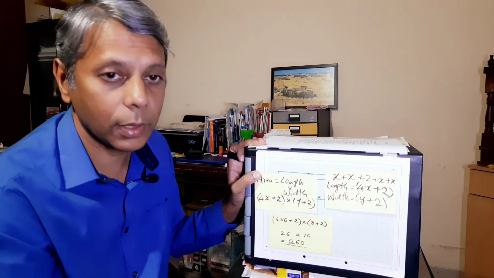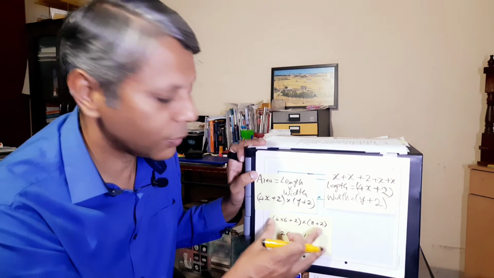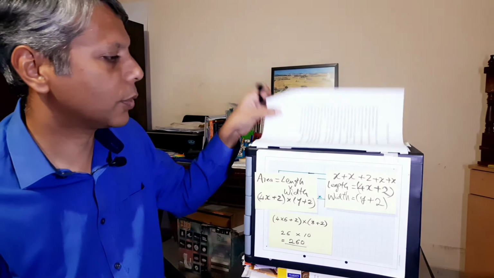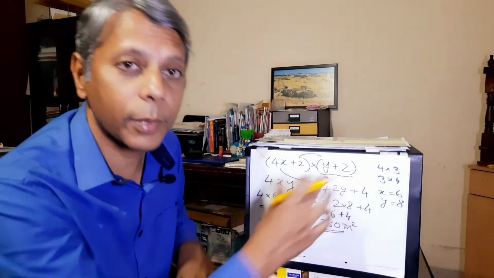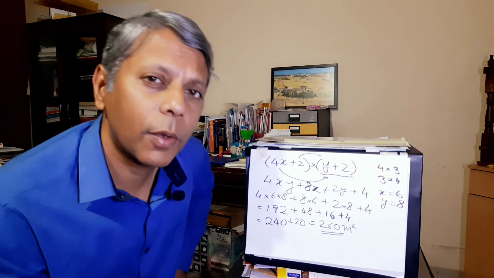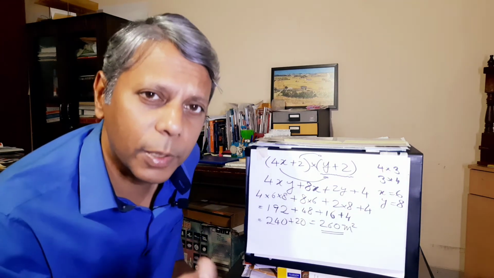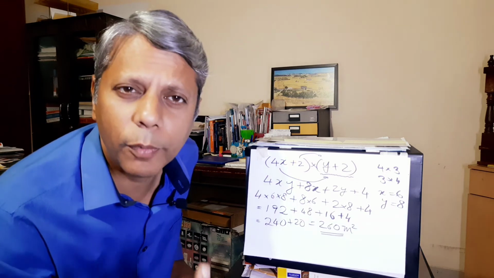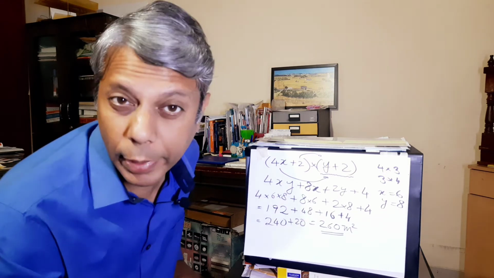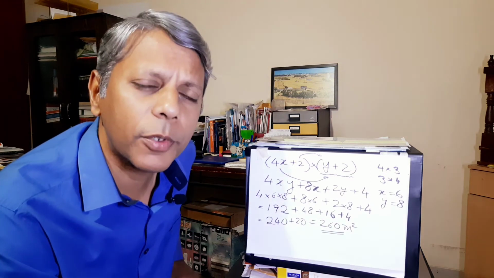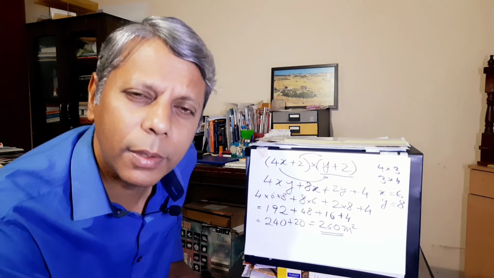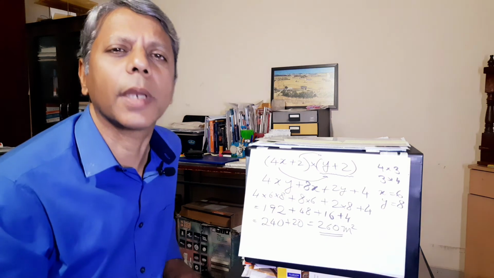It's the same answer. But the reason I didn't do this first is that the purpose of this video is to show how to deal with algebraic expressions. Now, if I were to ask you a simple question, what is 4 into 7? You will come up with 28. Or suppose I asked, what is 3 plus 6? You will just say 9.